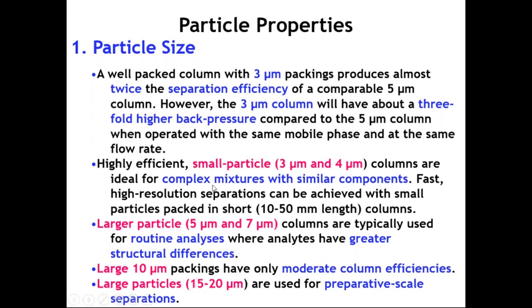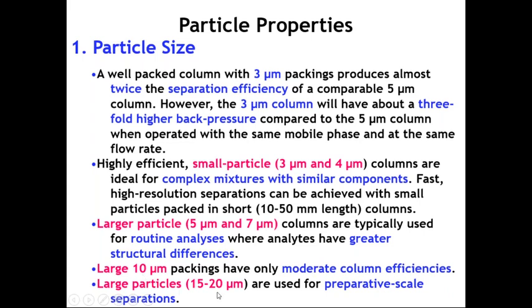The large particle size, the 5 micron and the 7 micron, are typically used for routine analysis. In most of the food analysis, it is sufficient to use the 5 micron column. The large 10 micron columns have got moderate column efficiency.